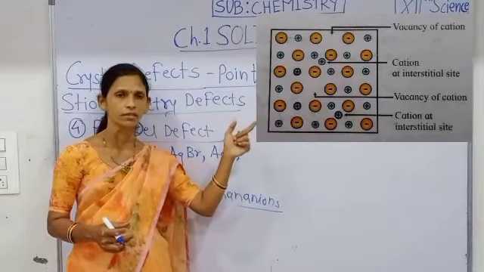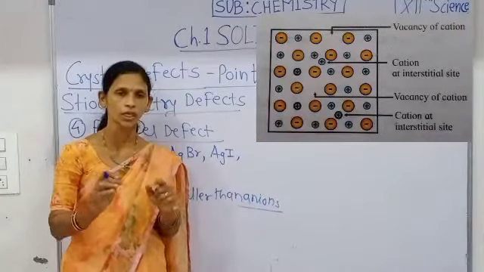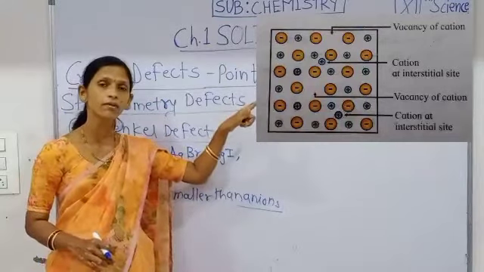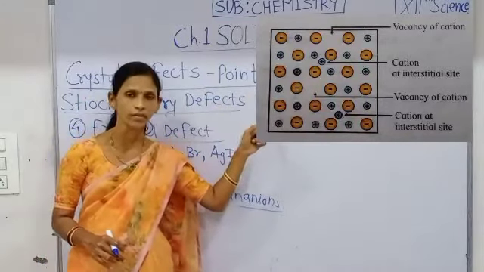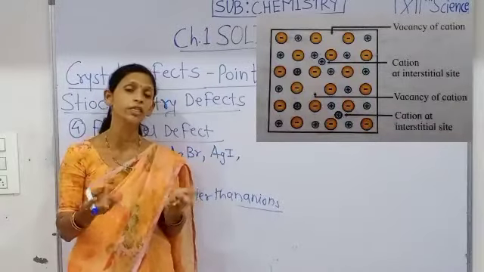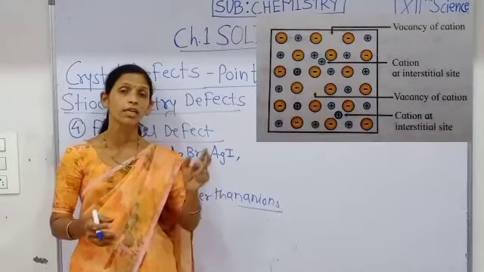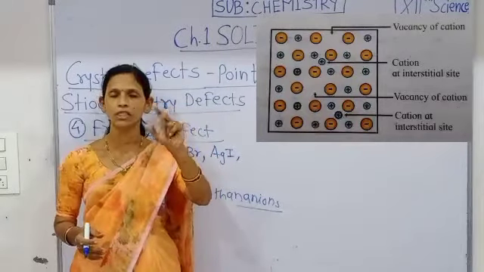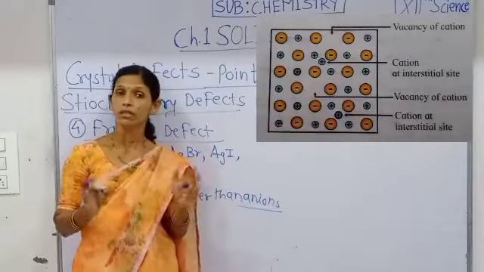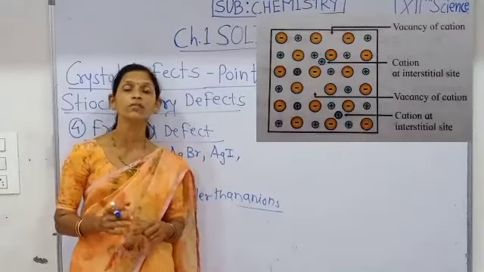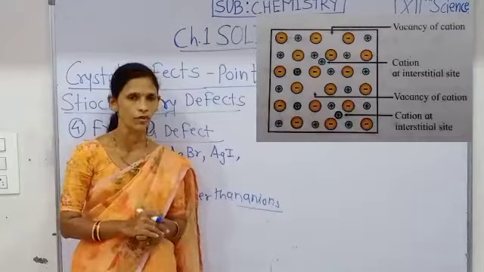Therefore a vacancy defect is created at the regular site of the cation, and an interstitial defect is created where the cation occupies the interstitial space. That means this defect is a combination of vacancy defect as well as interstitial defect.